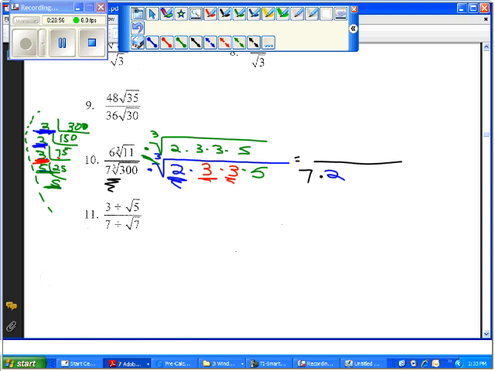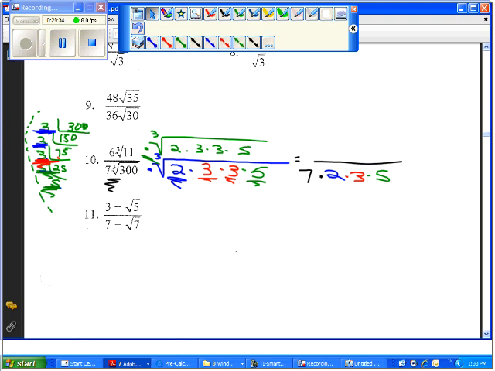We've got 1, 2, 3 3's, so out pops a 3. We've got 1, 2, 3 5's, so out pops a 5. You see what we're doing? We're creating sets of primes so that everything pops out. Okay? We call it rationalizing the denominator. Okay? All right? You see what we're doing?